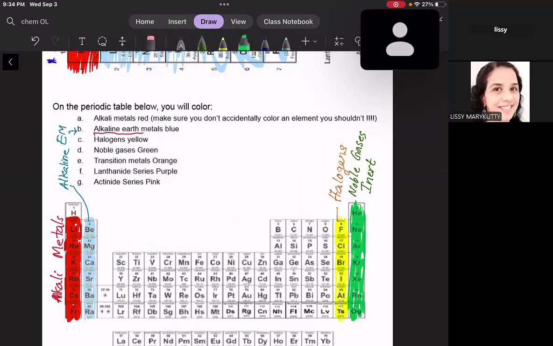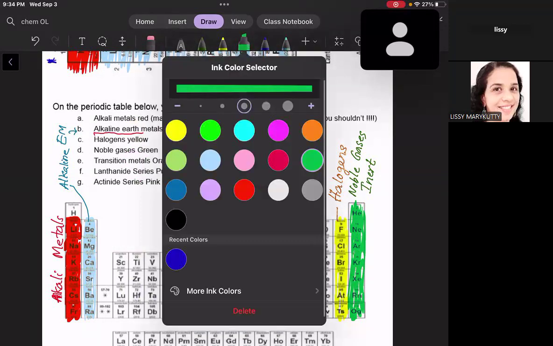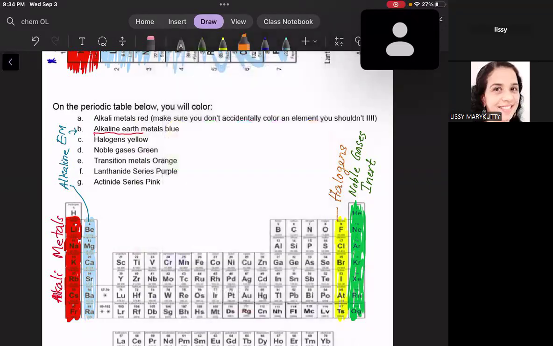Okay, now we are going to pick orange color and you are coloring everything from 3 to 12 like a block.